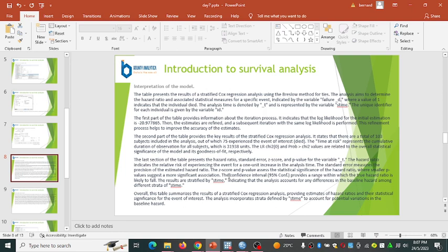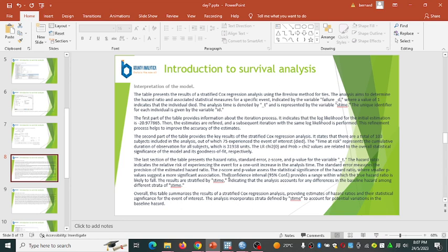So basically, that output is a summary of the result of the Cox regression analysis, providing estimates of hazard ratios and their statistical significance for the event of interest.